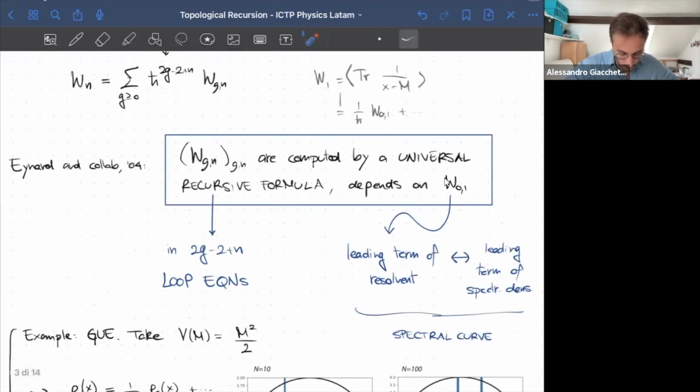And for those of you who know something about loop equations, this formula comes from a systematic approach to solving loop equations. I will not say anything more about this, but the origin of this topological recursion formula is a way of solving loop equations.